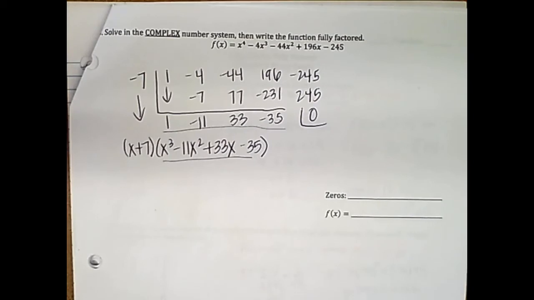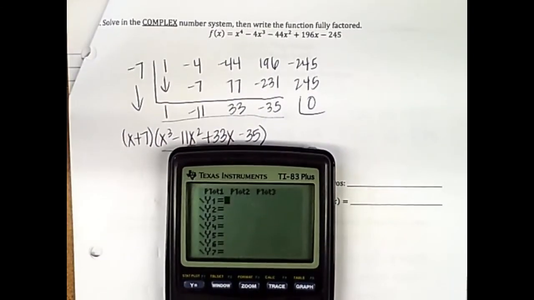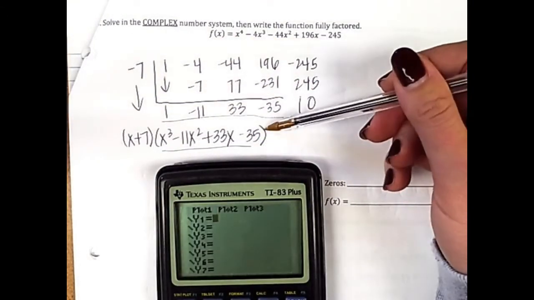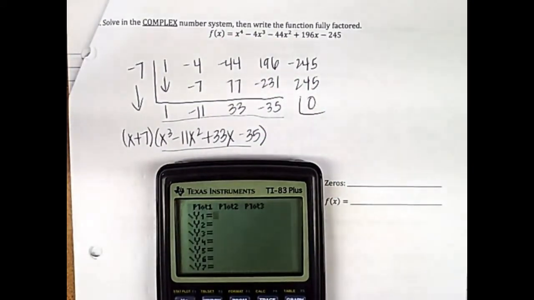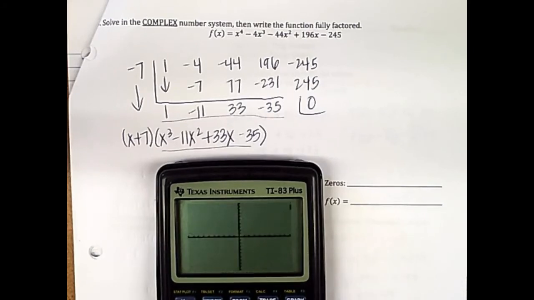Into our calculators, we are now going to plug in our new polynomial, what's left: x cubed minus 11x squared plus 33x minus 35, and we're going to graph that now.